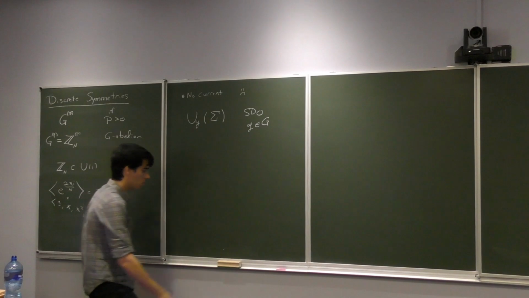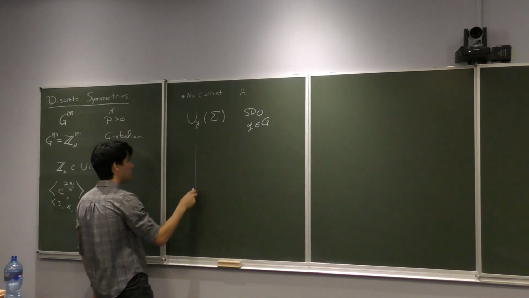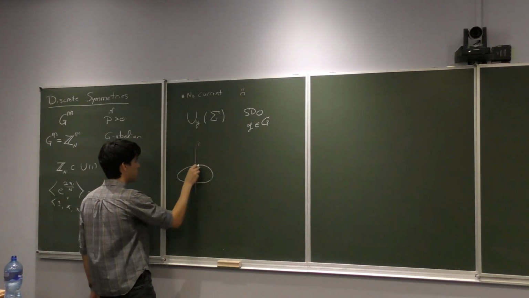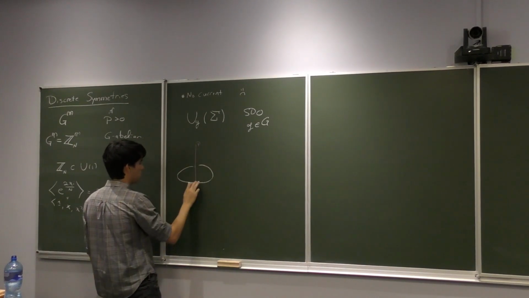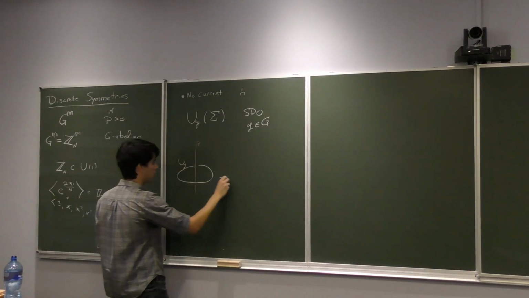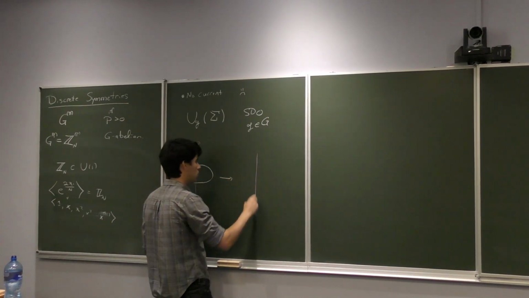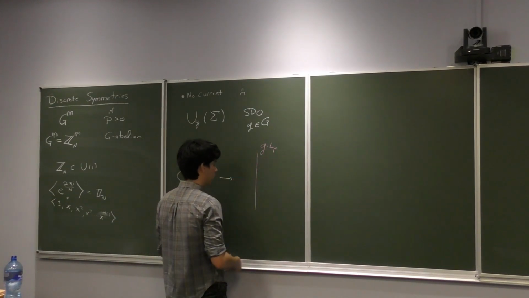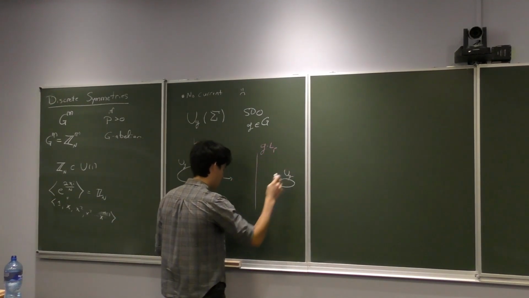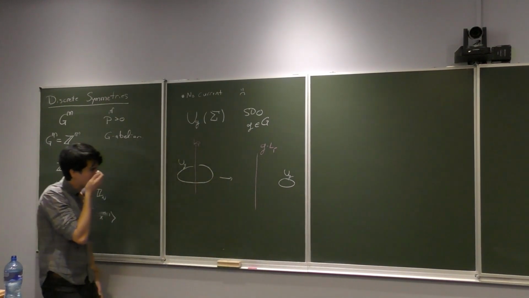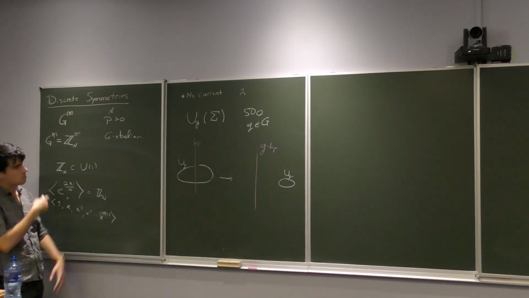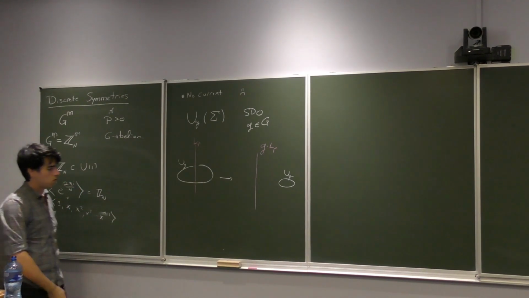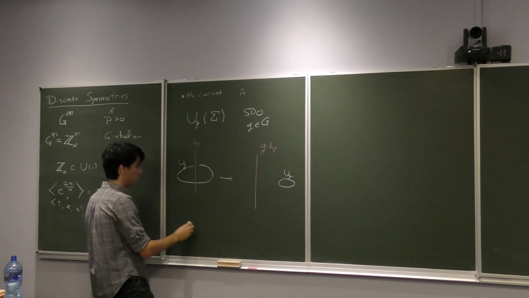Then you have charged operators of dimension P, and the symmetry defect operators enact the symmetry by linking. We derived this using the current algebra, but this is just a general feature of how symmetries work in quantum field theory.